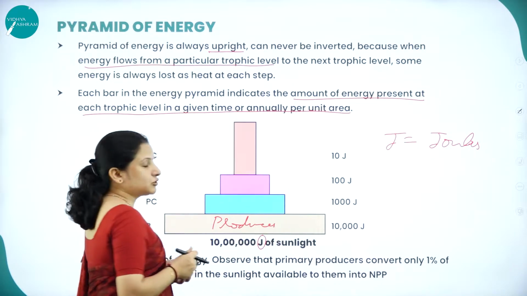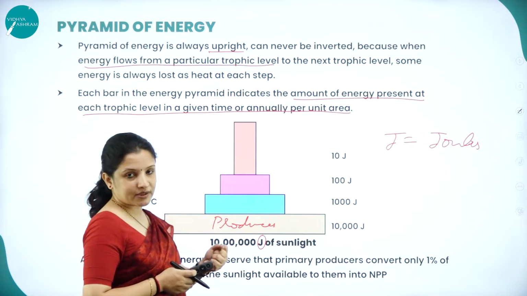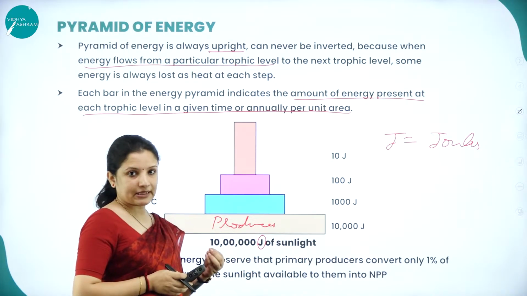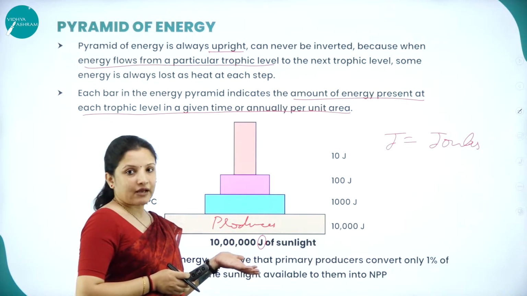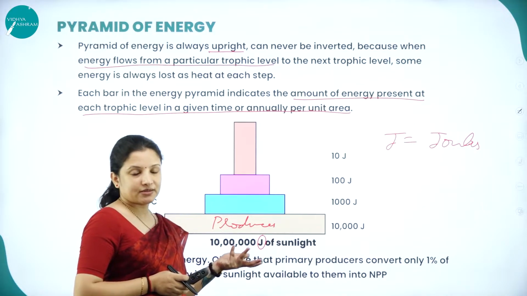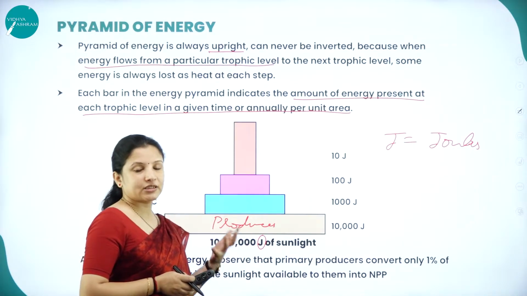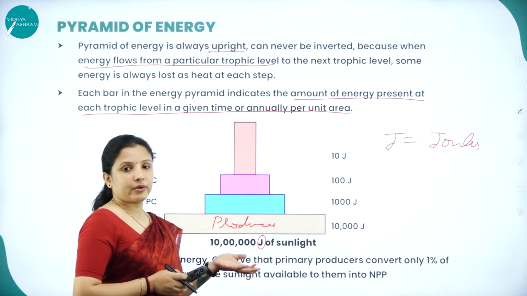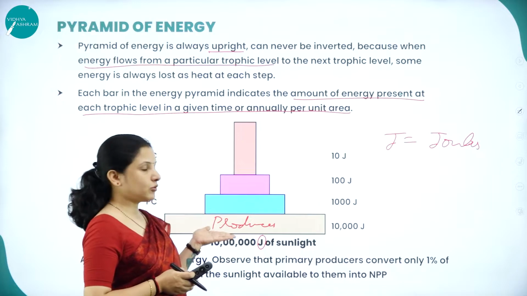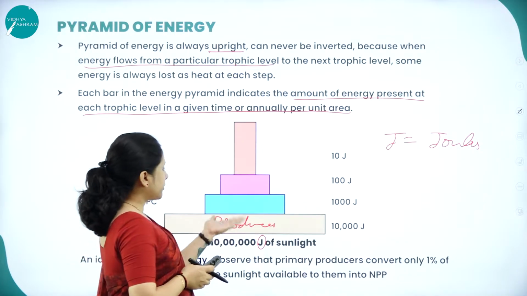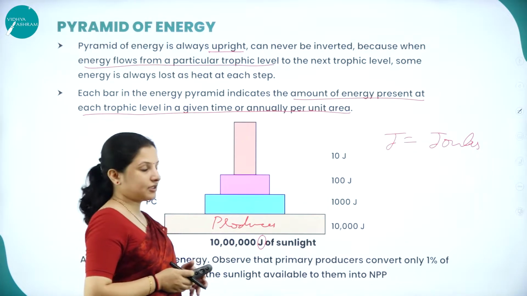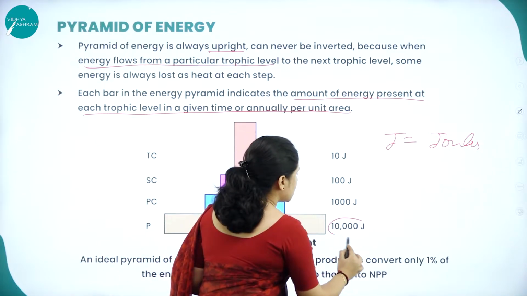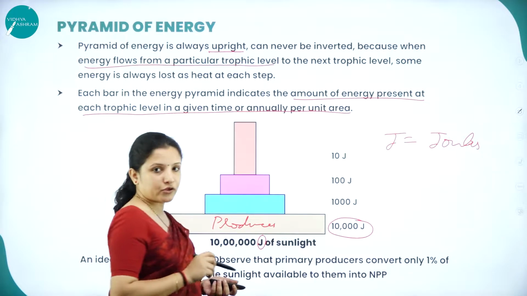Producers receive energy from the sunlight. All that we have learned, right? Only 20% is photosynthetically active radiation that is absorbed from the sunlight, and out of that, only 10% is required for the plants. So producers will take up 10% energy, which is 10,000 joules of energy in the producers.